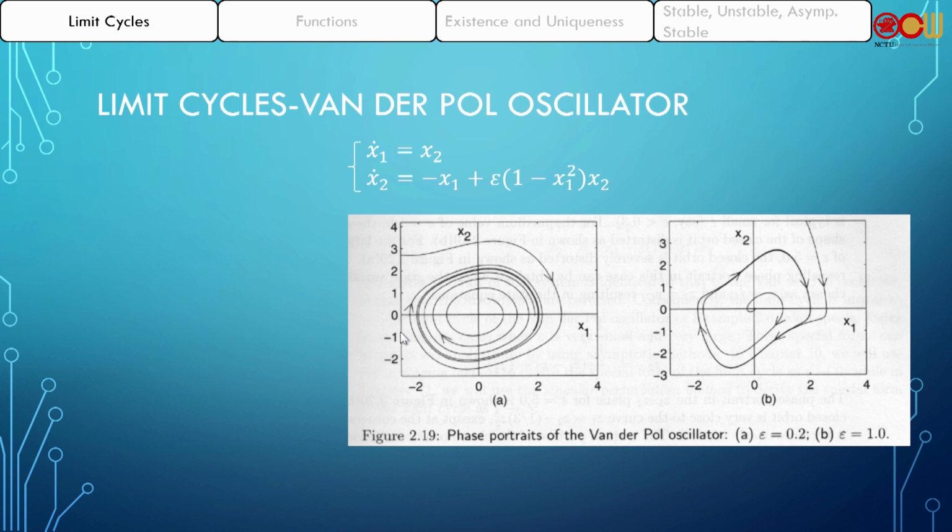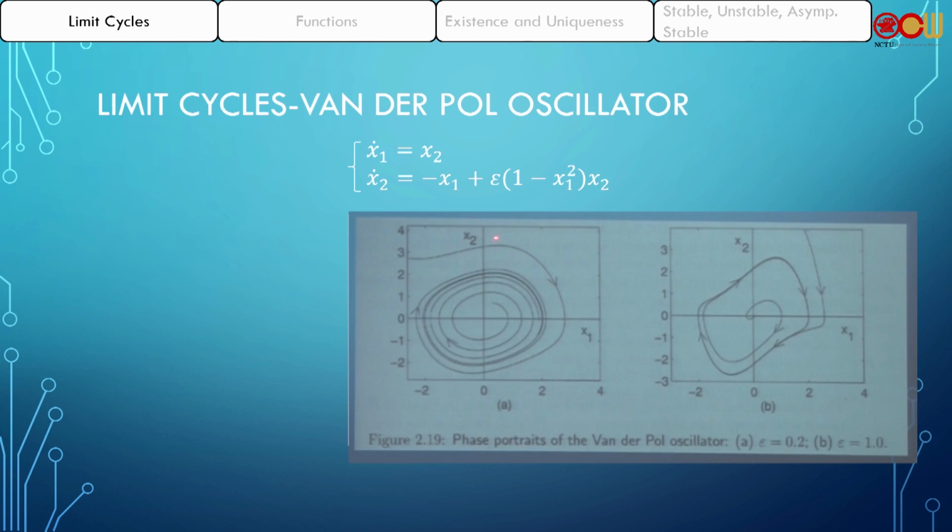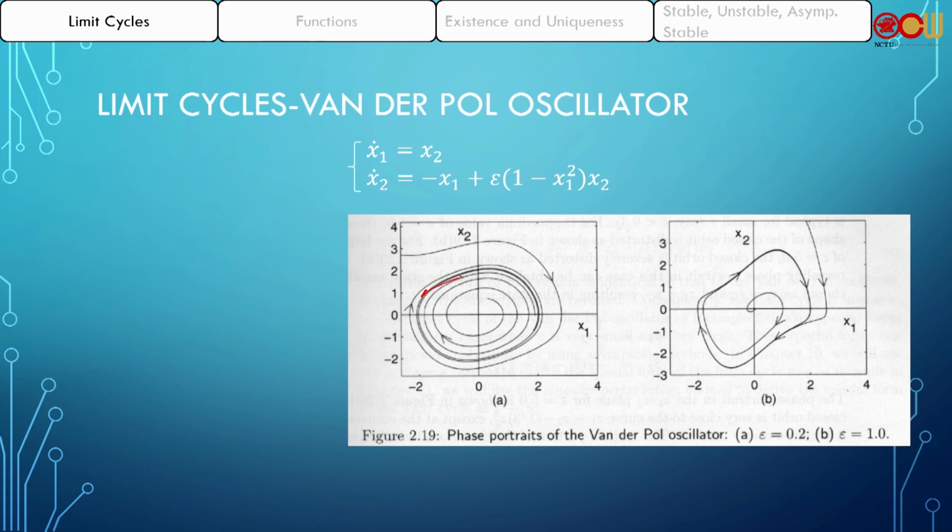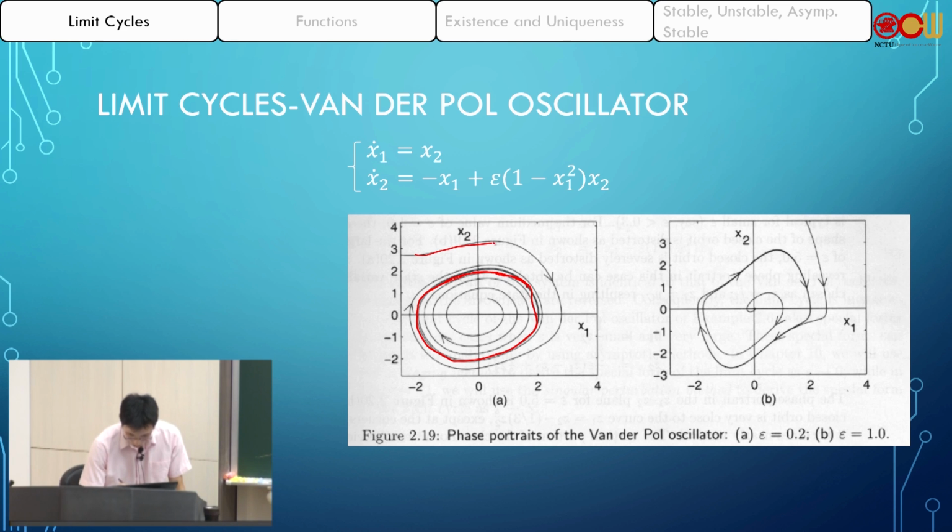So in this case, no matter where you release, if you start from here, or here, eventually the solution, the limit cycle will be this. So if you move from outside of this orbit, you will converge to this orbit. If your initial condition is from inside, it will go outwards until it reaches this orbit.